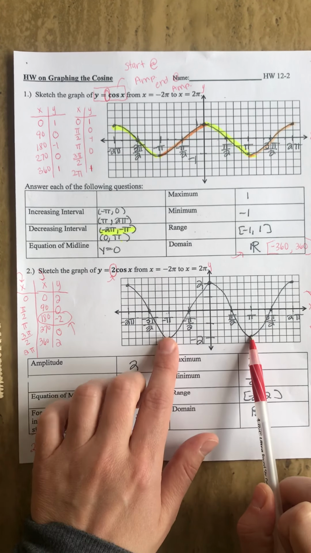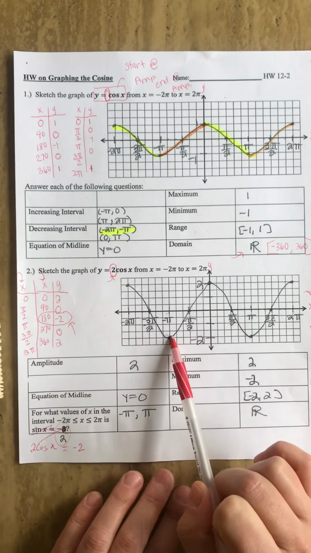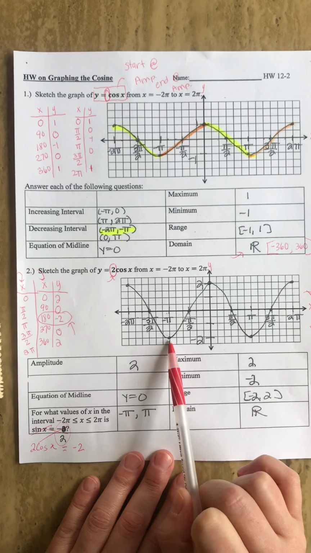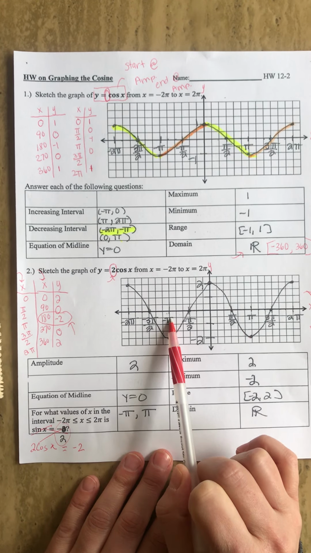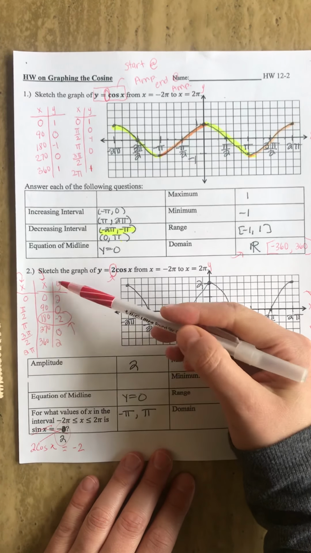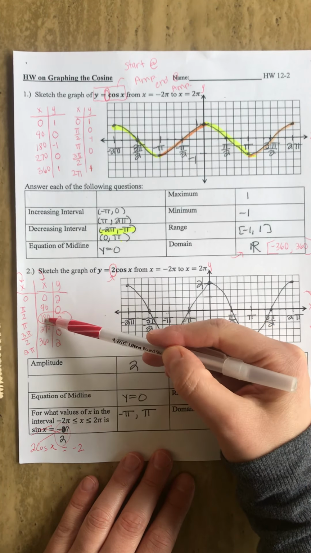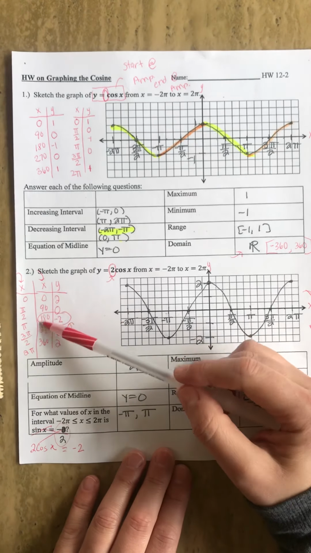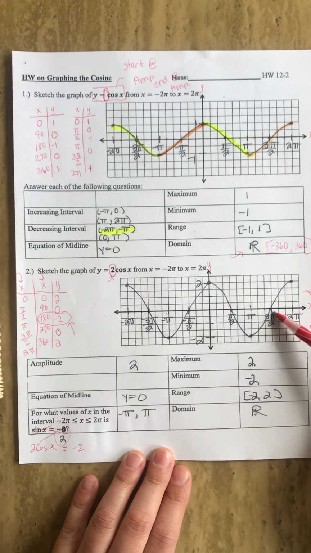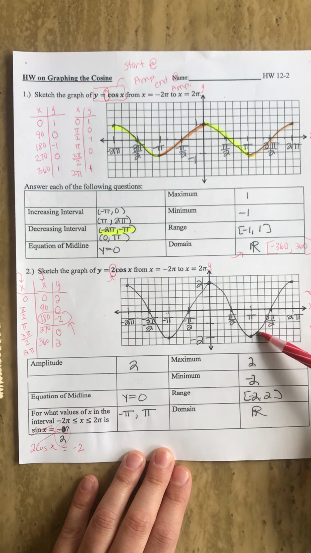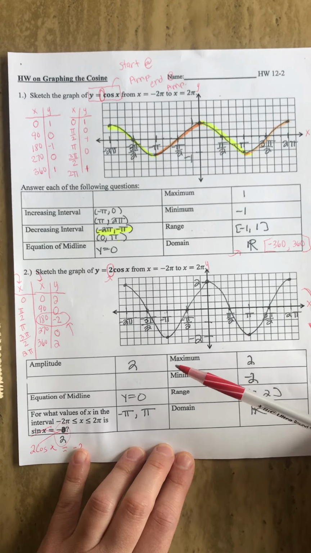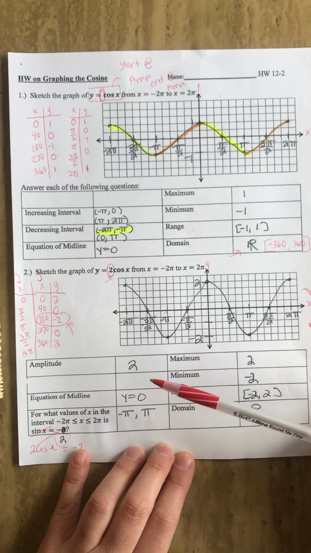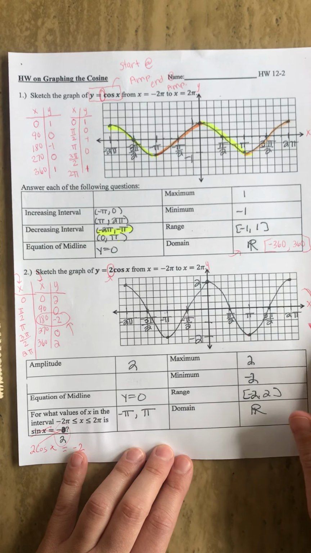There are 2 points right here, at pi radians, which is 180 degrees, and negative pi radians, which is at negative 180. You can also look at your table. When is y negative 2? 180. This only focuses on the 5 major points, which is over in this area, so you also have to look over here. And the equation of the midline is y is equal to 0.